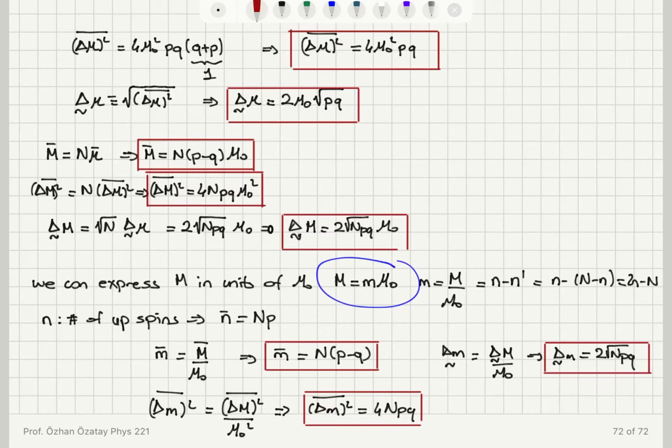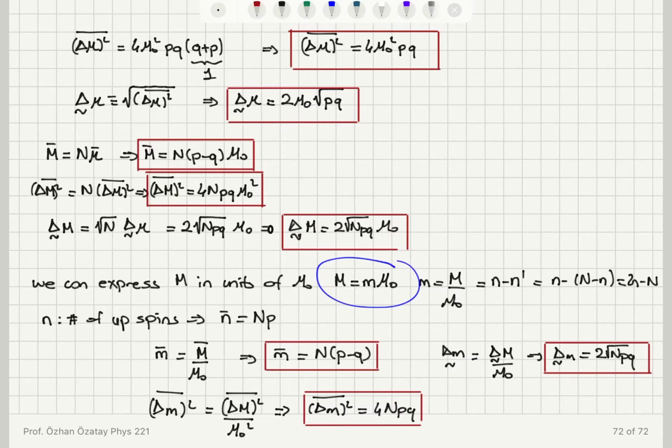So this analysis shows me the most likely range of capital M, total moment values.